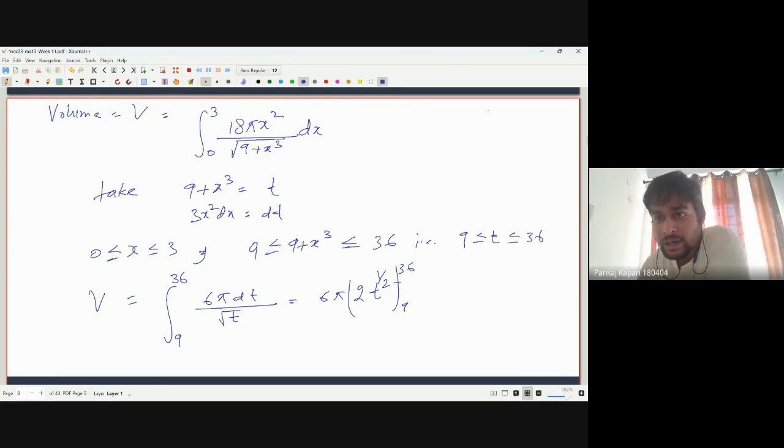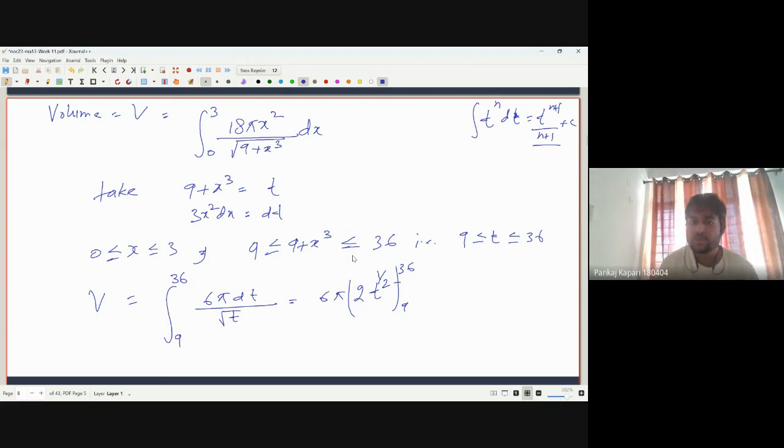Because the indefinite integral of t to the power n dt is equal to t to the power n plus 1 divided by n plus 1, plus a constant. So here we had t to the power minus half. We are integrating t to the power minus half. So you have t to the power minus half plus 1, which is half, and then you have to divide by minus half plus 1, which is half. Then in the numerator, it will become 2.